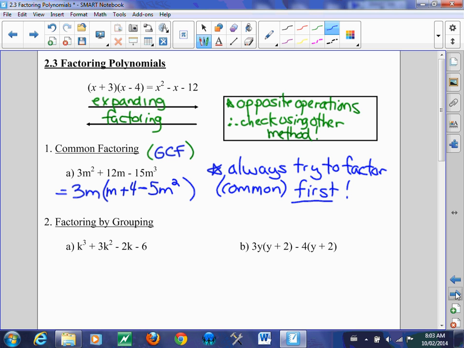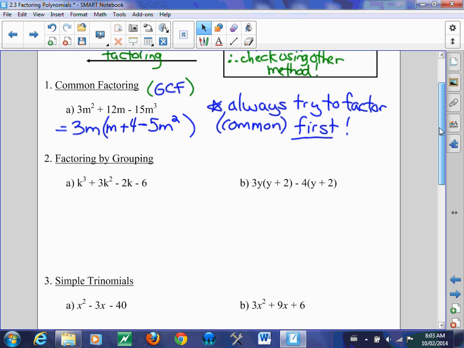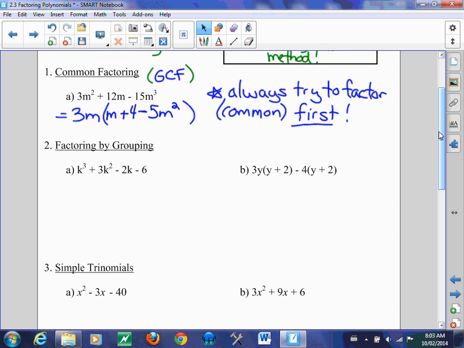Okay? All right. Let's take a look. Factor by grouping. Now this is something that's quite often used in decomposition method, or sometimes it's expressed like this, where you've got 4 terms. So to recognize factor by grouping, many times you're going to see 4 terms or a binomial that repeats itself.